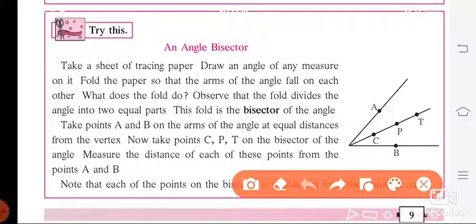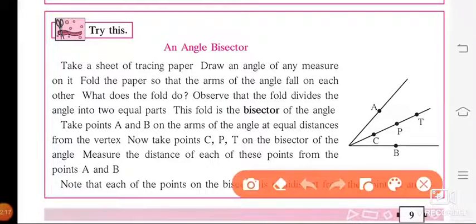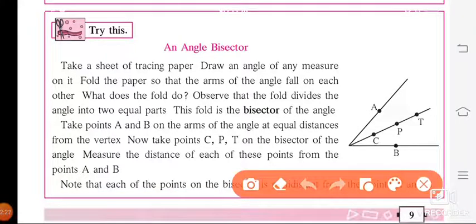Now take points C, P and T on the bisector of the angle. After taking these 3 points, you have to measure the distance of each of these points from the points A and B. So first you are going to measure the distance CA and CB.